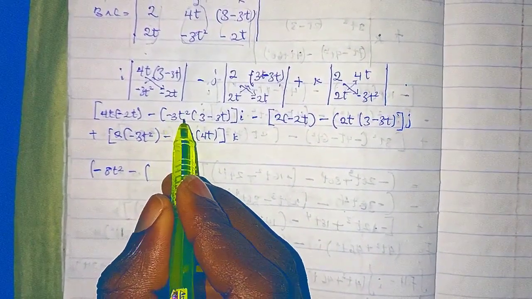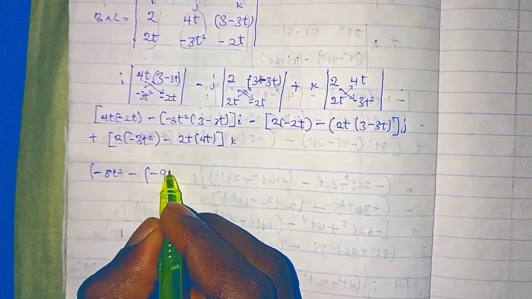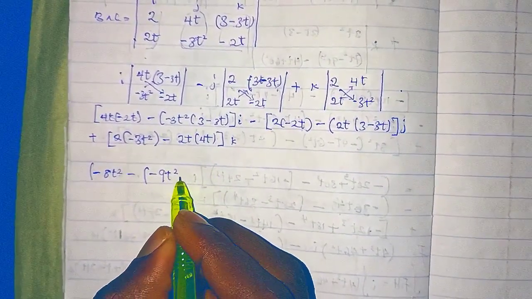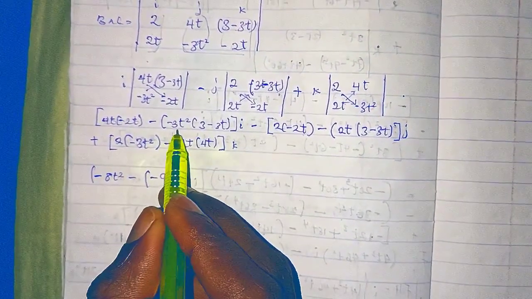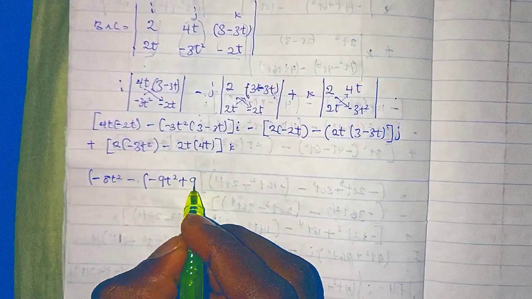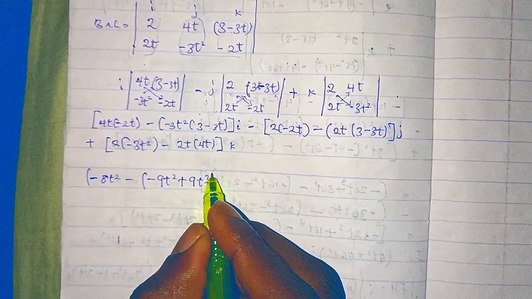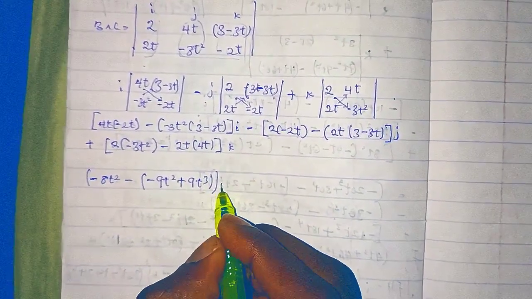So minus 3t squared multiplied by 3 will give us minus 9t squared. Minus 3t squared into minus 3t will give us plus 9t cubed. Okay, and this is for i.